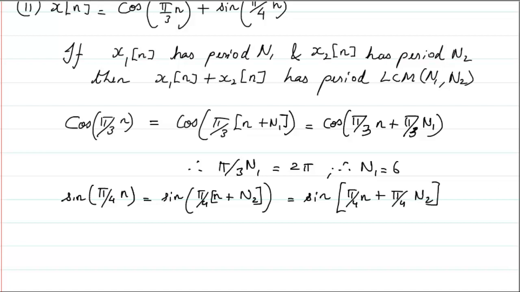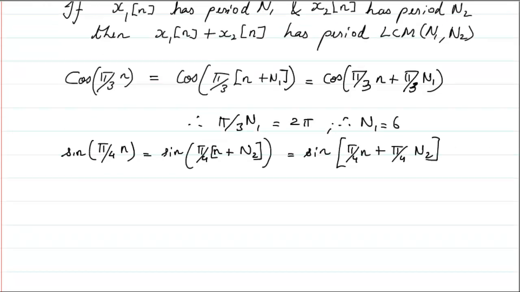Okay, in that case I will get, therefore, pi by 4 n2 should be equal to 2 pi for periodicity. Therefore n2 is going to be equal to 8.